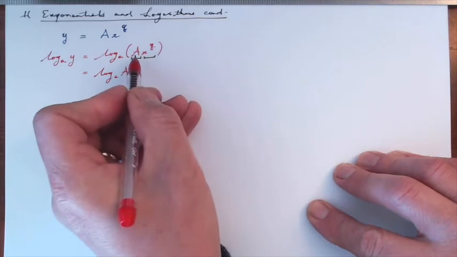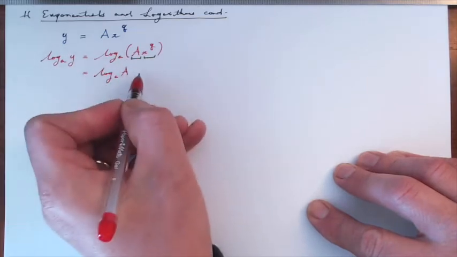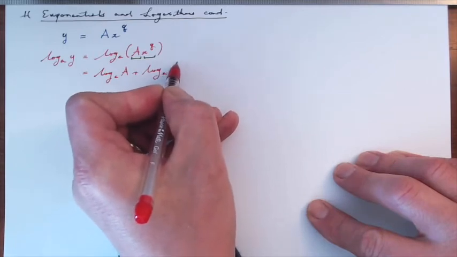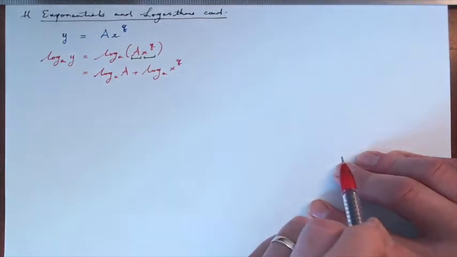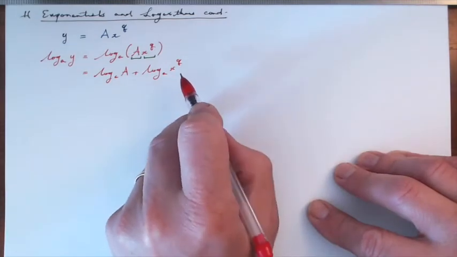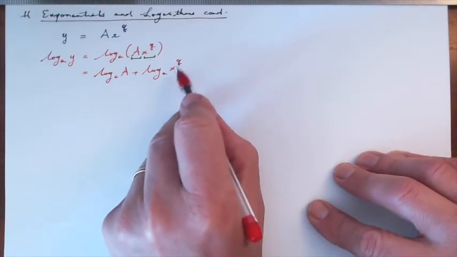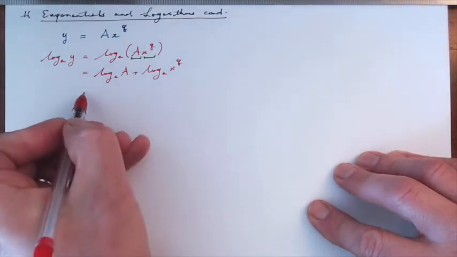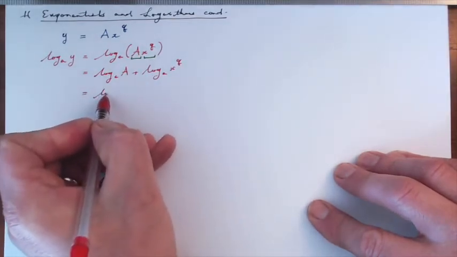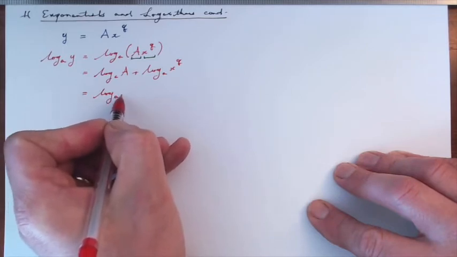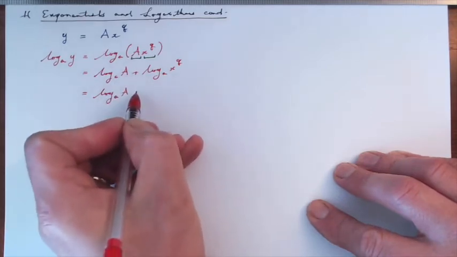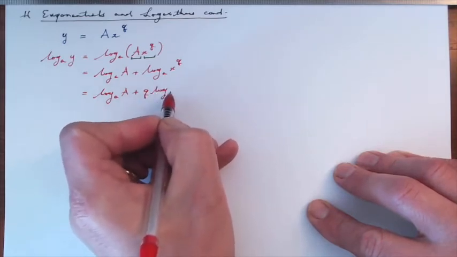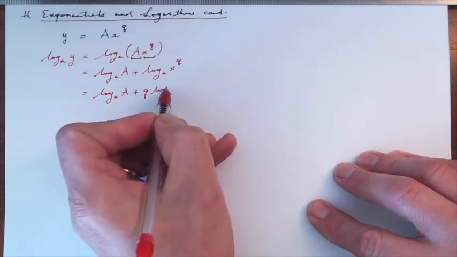So I have the logarithm of the first factor plus the logarithm of the second factor. And then I'm sure you'll notice straight away, well, I've got something to a power. I can use the third law of logarithms there and simplify this, which is indeed correct. So I have log to the base a of the number plus q times log to the base a of x.